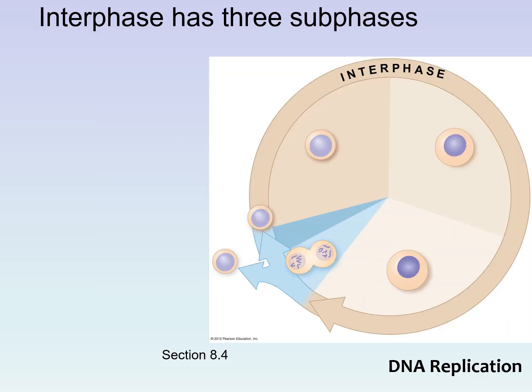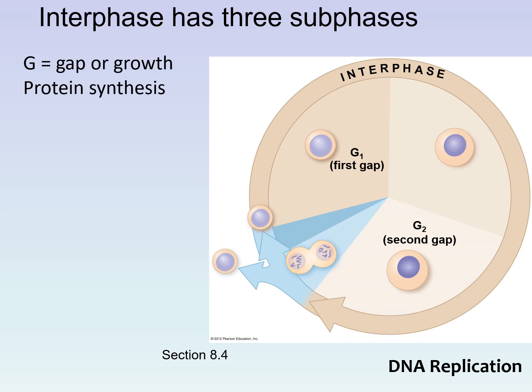Interphase has 3 subphases, but 2 of them are when the cell is just going about its usual business, and they're called gap 1 and gap 2. During this time, your brain cells are computing, your muscle cells are contracting, and the cells lining your small intestine are making digestive enzymes. A cell normally stays in interphase until it receives a signal from its environment.